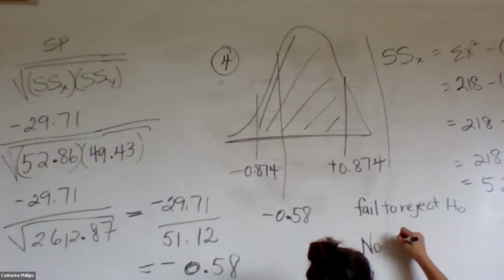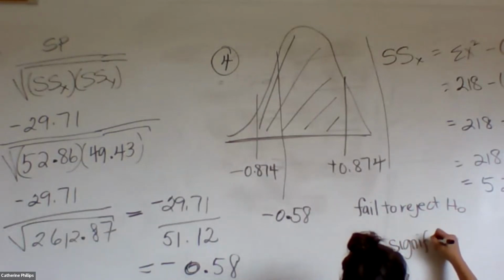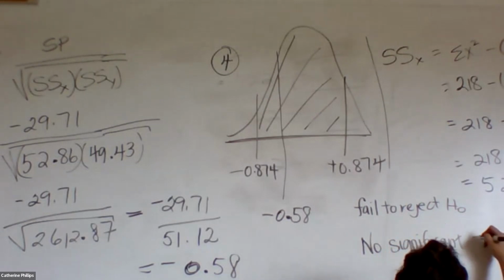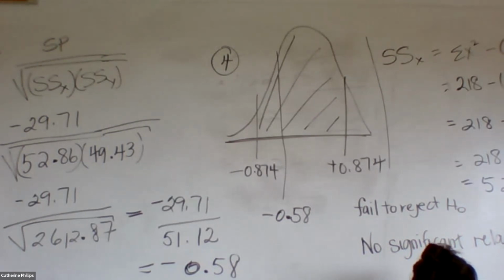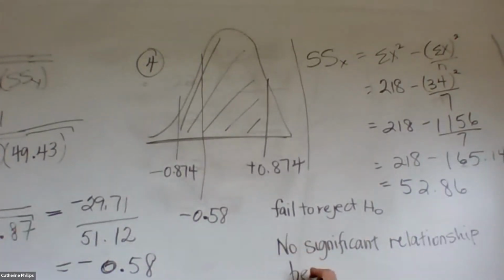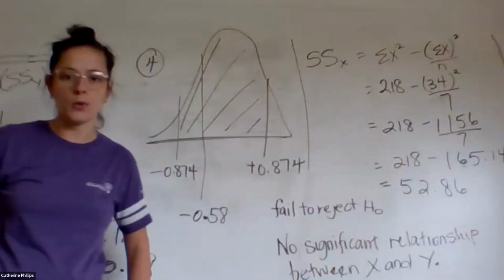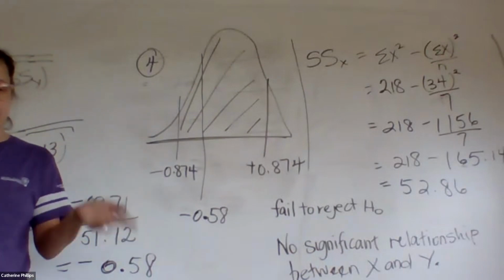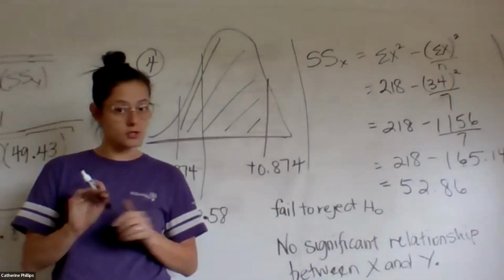No significant relationship between X and Y. And that's your full 4-step. That's the full 4-step hypothesis testing procedure for a correlation.